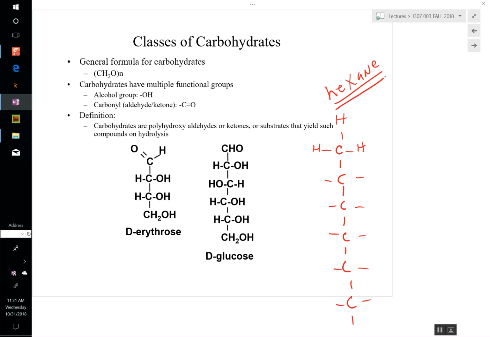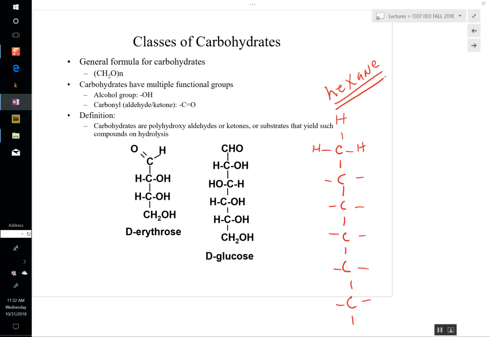You have a polar bond, which is the reason why glucose is so soluble in water. It transports very naturally and easily through the bloodstream, because the bloodstream is basically an aqueous environment, and glucose is very soluble in water.